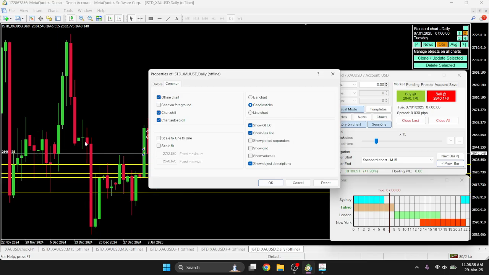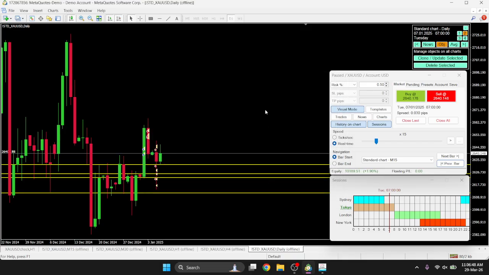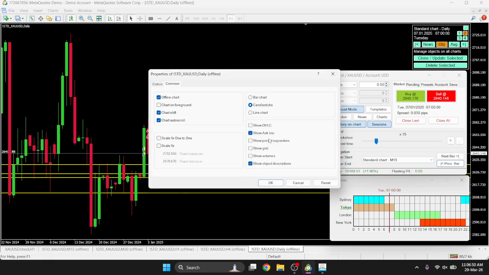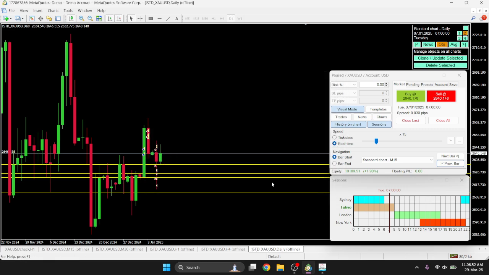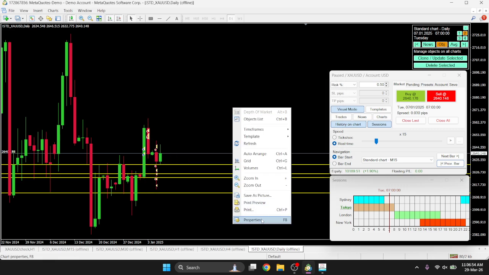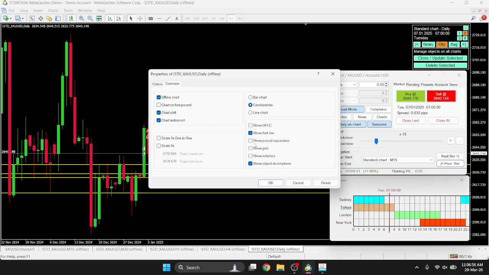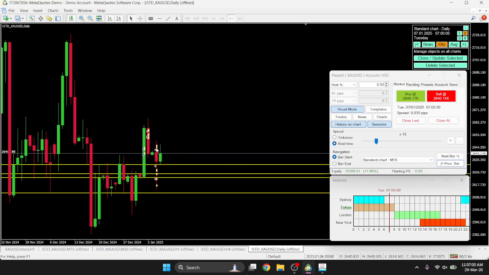How do I remove these order lines? Show period separator. OHL. What is this? Okay, I don't need this OHL, but there is no option to remove it.